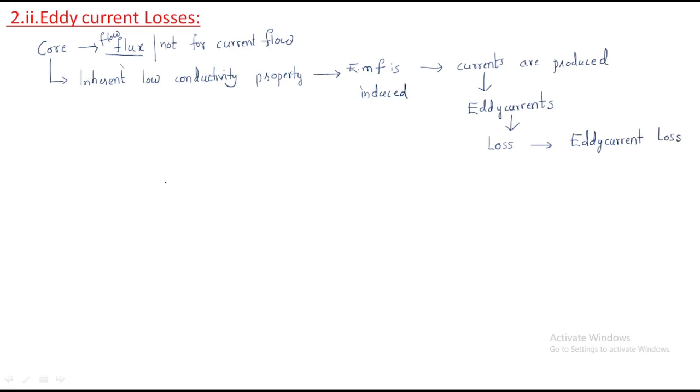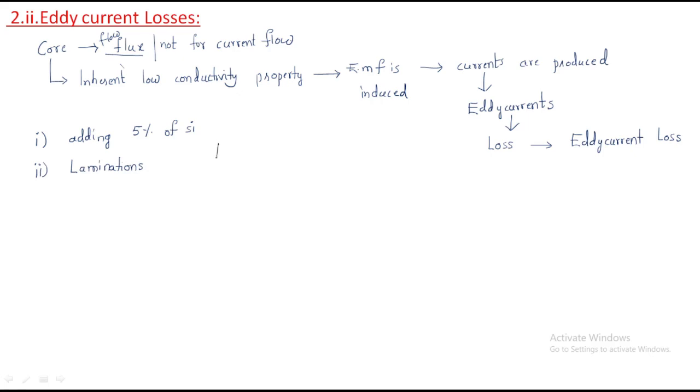We can remove this eddy current loss by adding 5% of silica to the steel, and second, by using laminations.